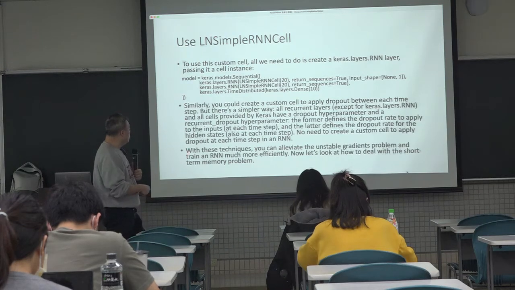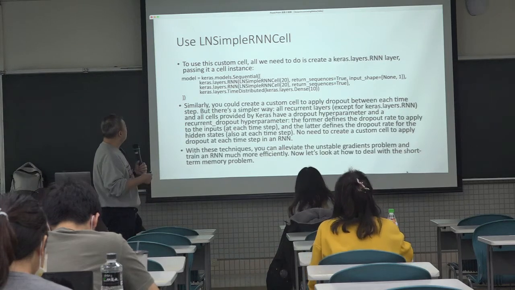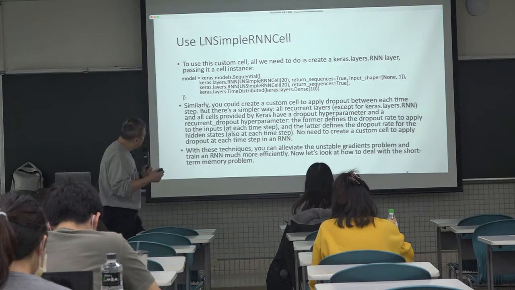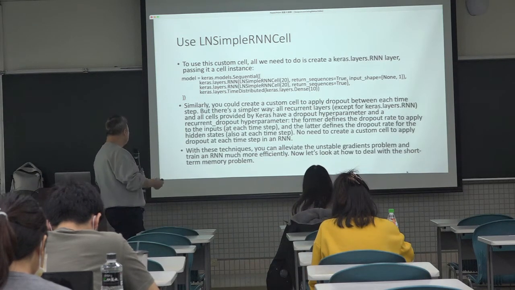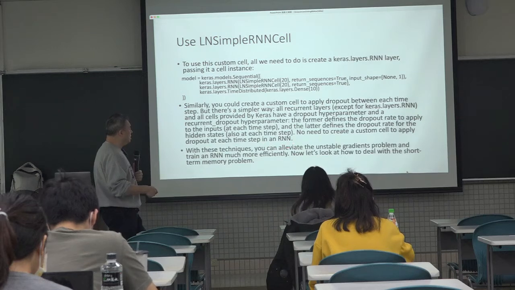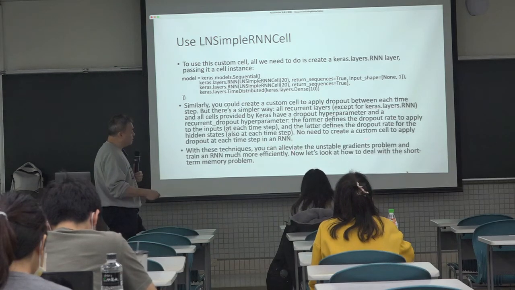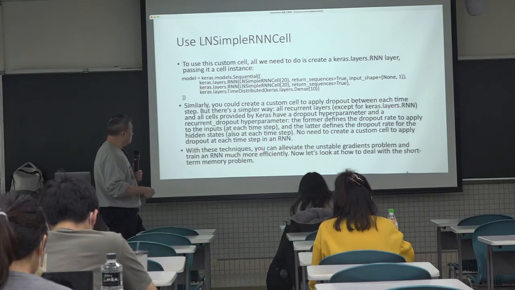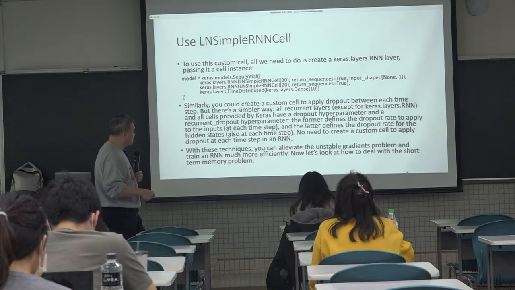So with that, we talked about dropout and recurrent dropout. We talked about layer normalization. All these techniques can be used to alleviate the unstable gradient problem, which allows us to train the RNN more efficiently.